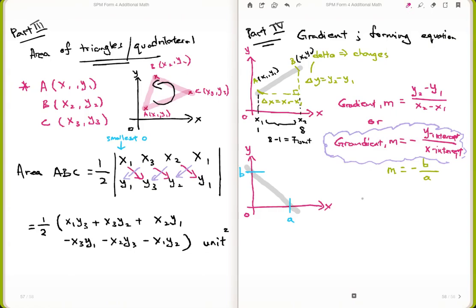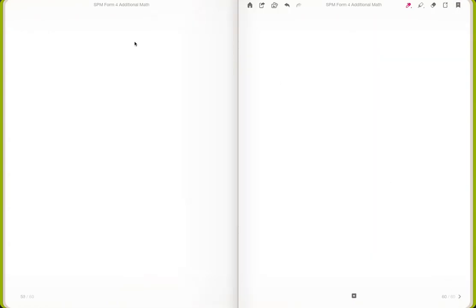Then if you know how to find the gradient, the next thing would be the ability to form an equation. Part 2, forming equation.